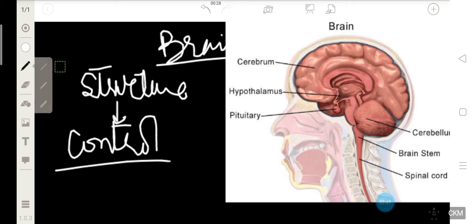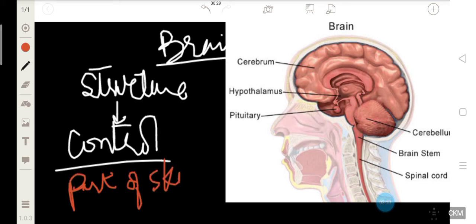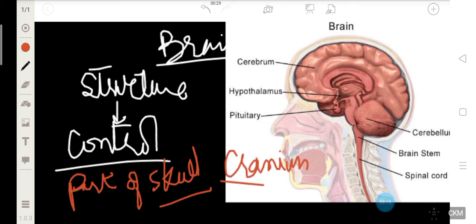The brain is covered by a bone that protects it, and that bone is part of the skull. The bony part of the skull which covers the brain is known as the cranium.